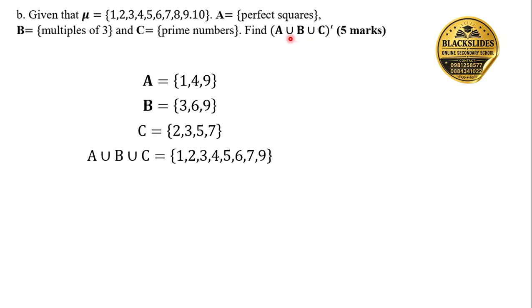So the elements that are in the universal set but not in this union are going to be 8 and 10. That's the complement. So the answer is 8, 10.